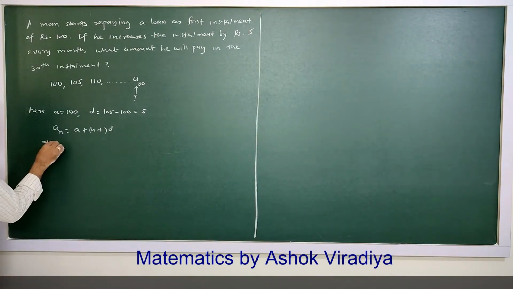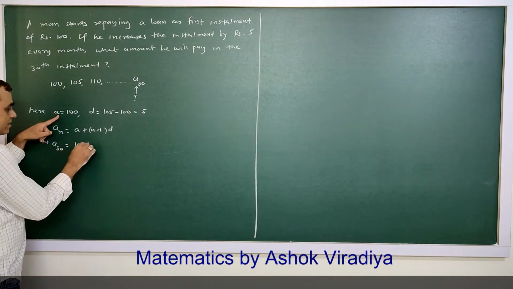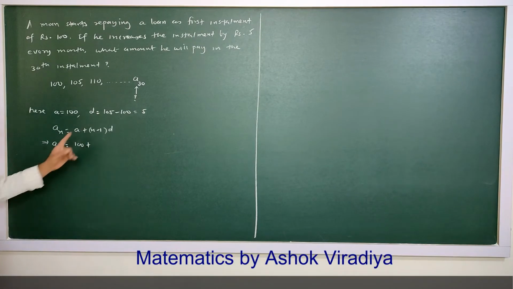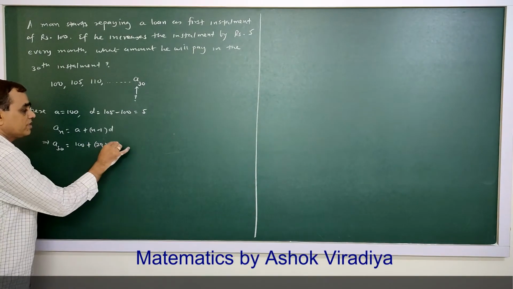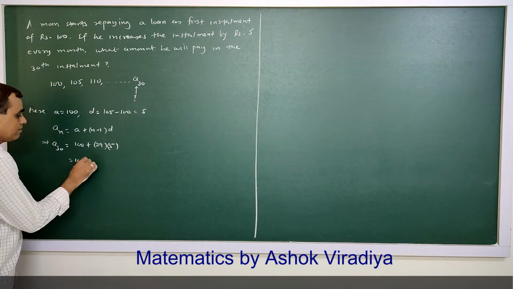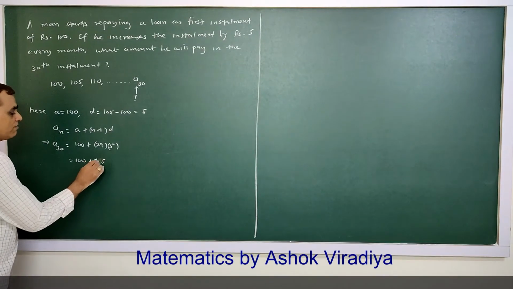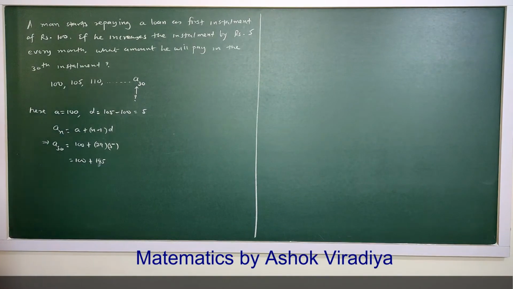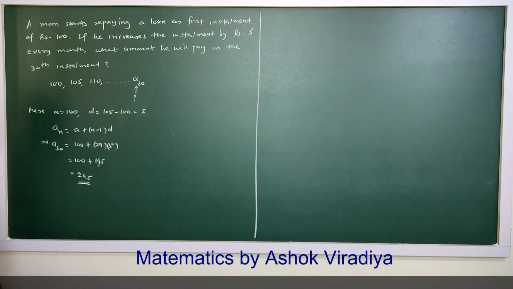So the 30th installment will be, a is 100, 30 minus 1, that is 29, into 5, d is 5. So that is 100 plus 145, so it is 245. So the 30th installment will be 245. This is the answer.